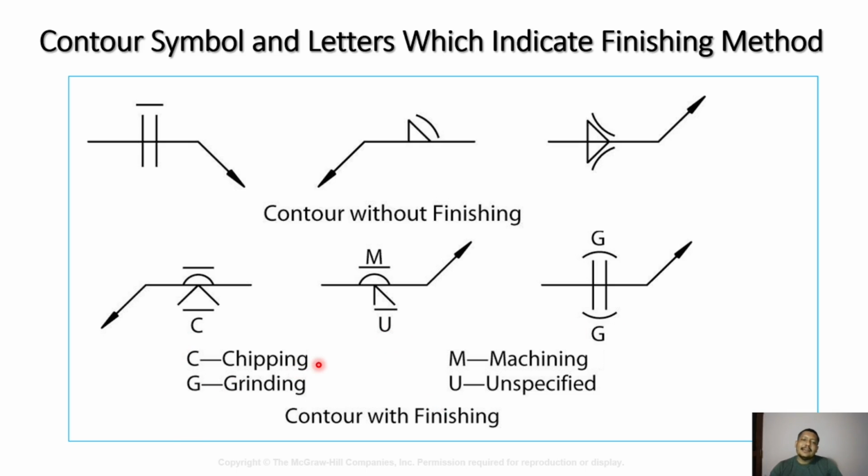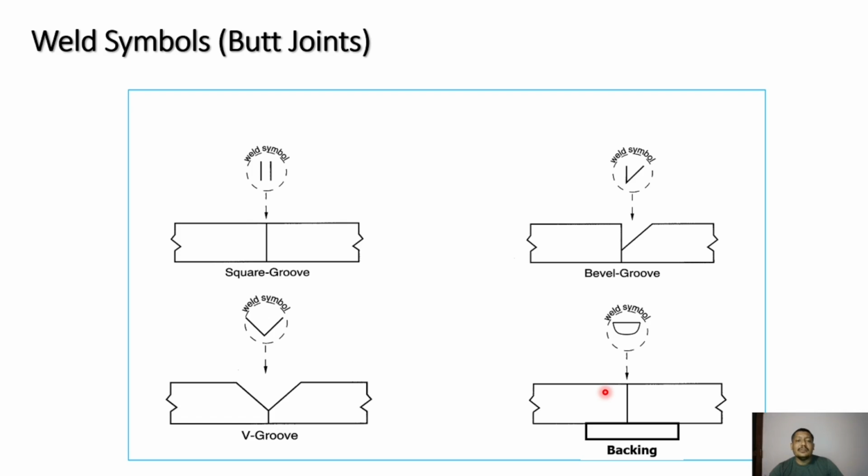So C indicates chipping, M is machining, G is grinding, U is unspecified. So depending on the information given to you, you have to complete the welding operation. Either from a pictorial drawing you have to convert that into a weld drawing, or for a given weld drawing you should be in a position to represent that in a pictorial drawing.